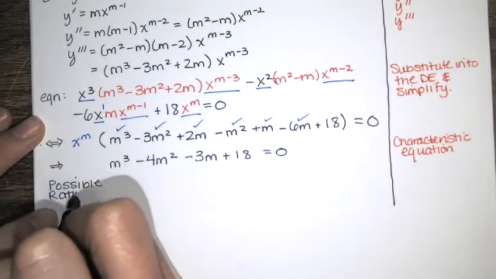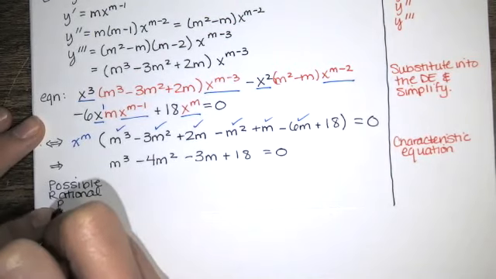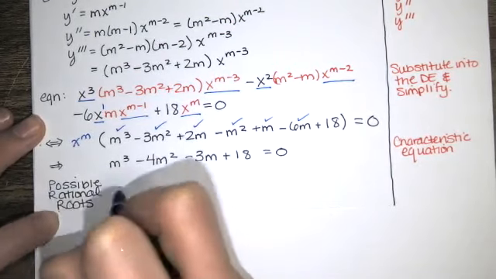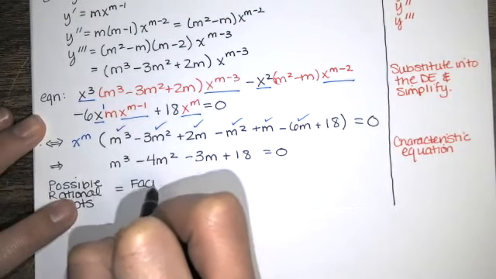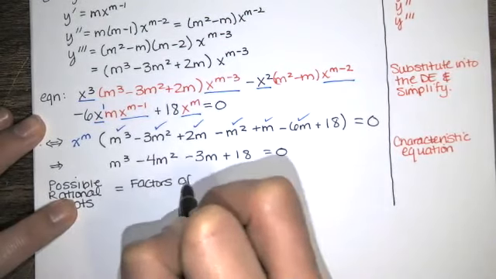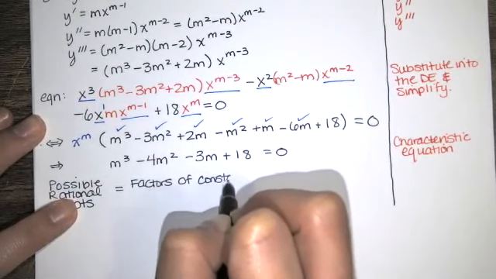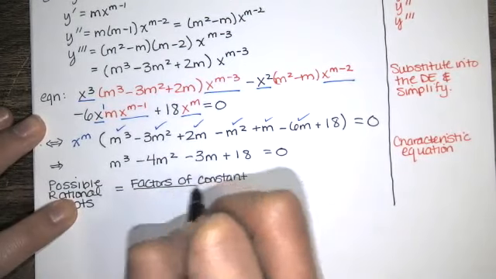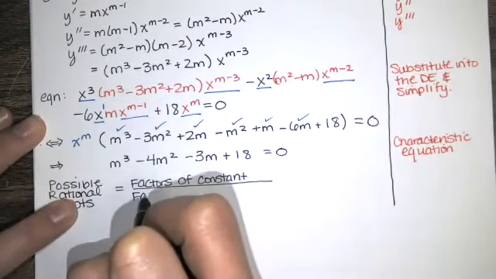So we'll list those here. Here you take the factors of the constant term and you divide by the factors of the leading coefficient.